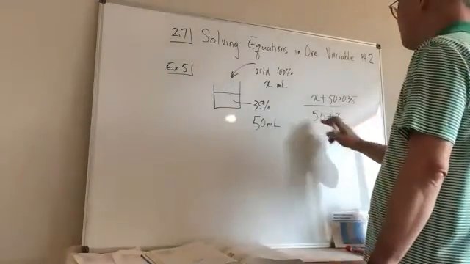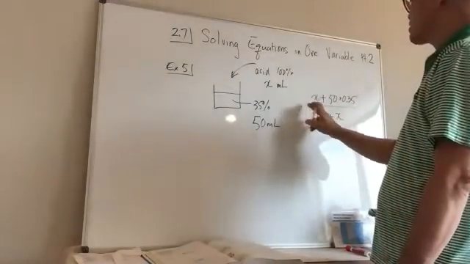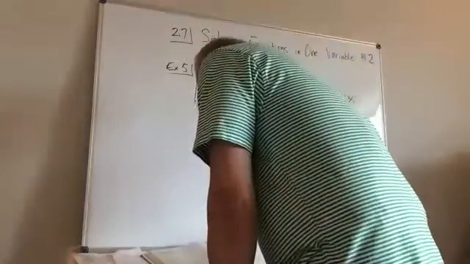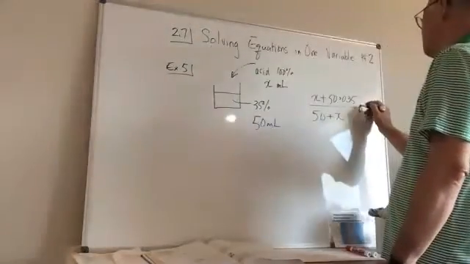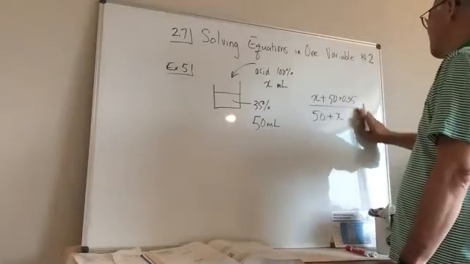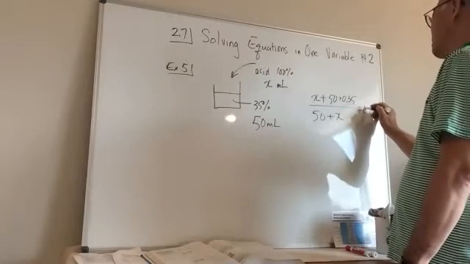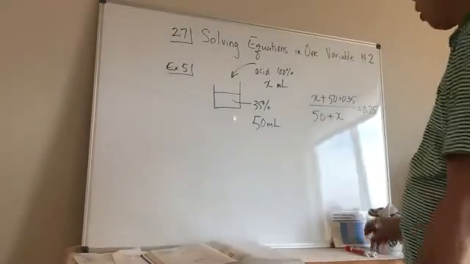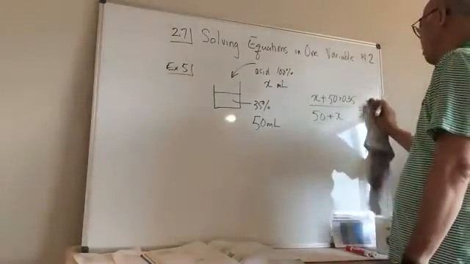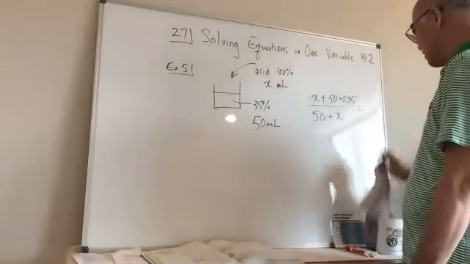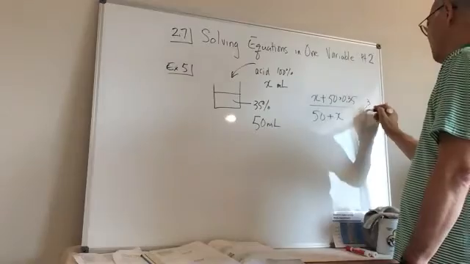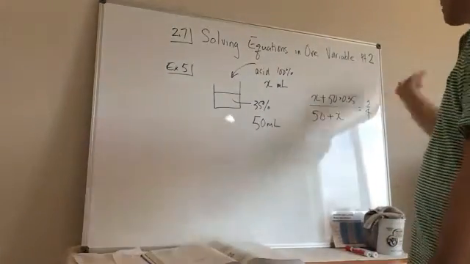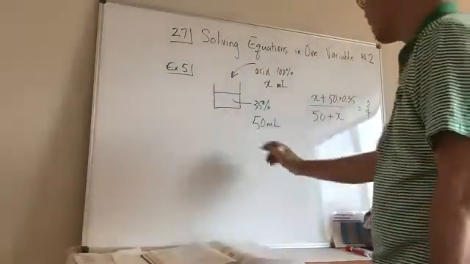This would be the final percent, and the final percent needs to be 0.75. Or, since we are all really good at math here, we can say that this is 3/4, 75%. So I can multiply across.